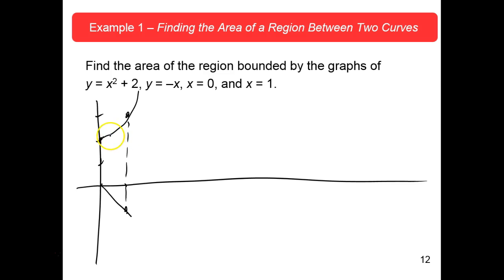Your little rectangles would be something like this, and it's always y2 minus y1. That's going to be the length of the rectangle. So the area we're looking for would be the integral between x equals 0 and x equals 1.